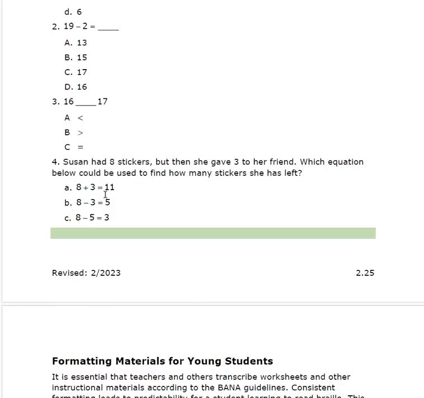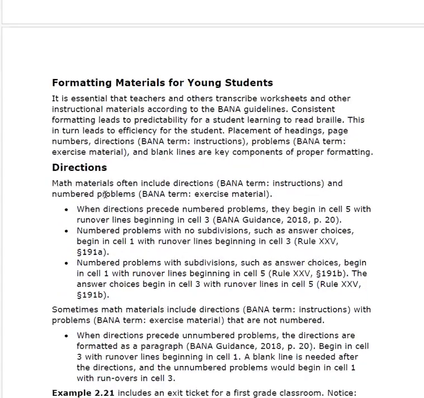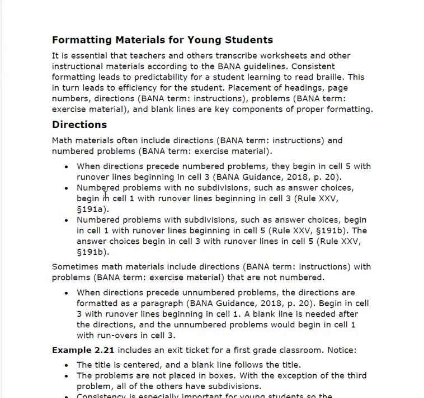What other fun things do we have? Formatting for young students. When directions precede numbered problems, they begin in cell 5 with run-over lines beginning in cell 3. I had a lot of weird stuff going on last semester about telling apart where the next number started.